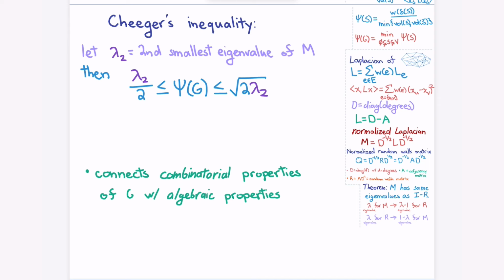So that comes from, is it still up here? Yeah. M has the same eigenvalues as I minus R. All of R's eigenvalues are between 1 and negative 1. So it actually can't go negative. For example, if the graph is disconnected, it's just two separate components, what does this theorem tell you about lambda 2?